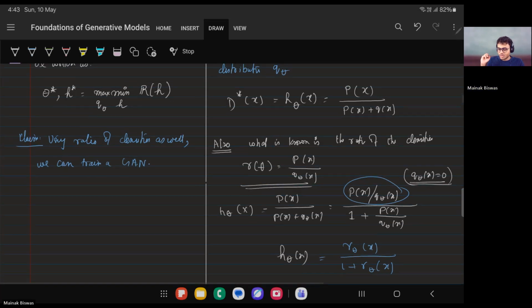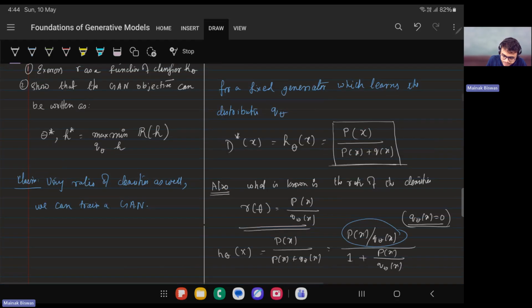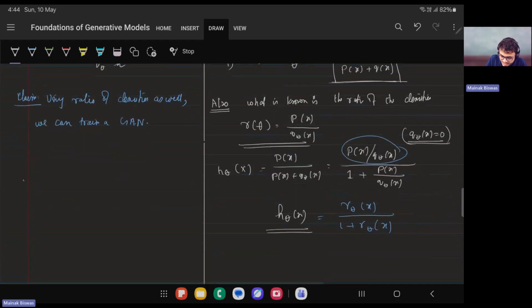So now this is my h theta of x. Whatever objective I had, h theta of x is the likelihood that I had over here. If I'm going to do maximum likelihood estimation, I maximize the likelihood of h theta of x.